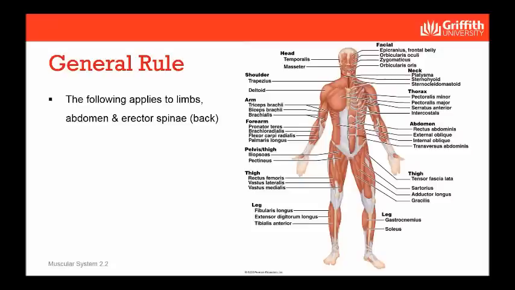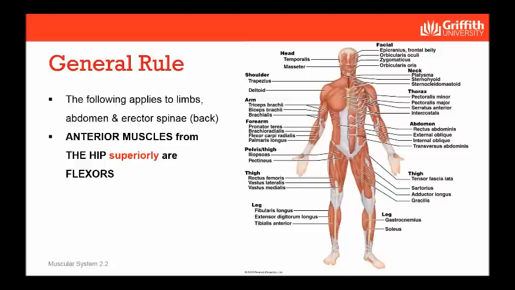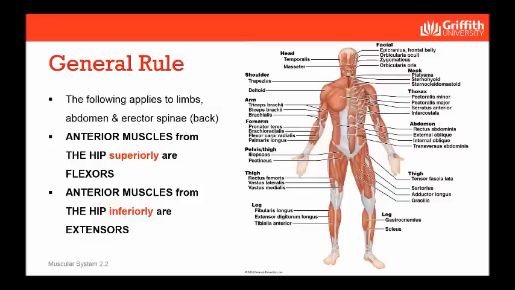The following general rules then apply to the limbs, abdomen, and erector spinae muscles of the back. Anterior muscles from the hip superiorly are flexors. Anterior muscles from the hip inferiorly are extensors.